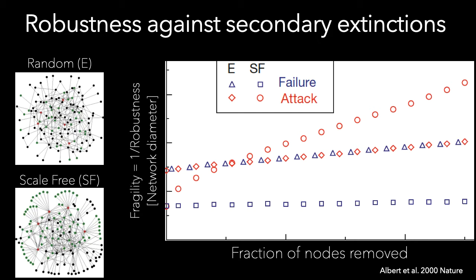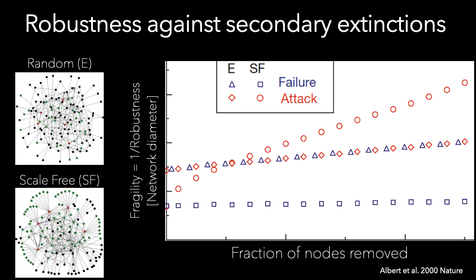So in random networks, there are no differences between types of primary extinction. It doesn't matter how we remove the nodes or how we're going to lose our species. Instead, in scale-free networks, and likewise in empirical food webs, as we will see later, the way we remove the nodes, that is, the type of primary extinction, significantly influences network robustness.